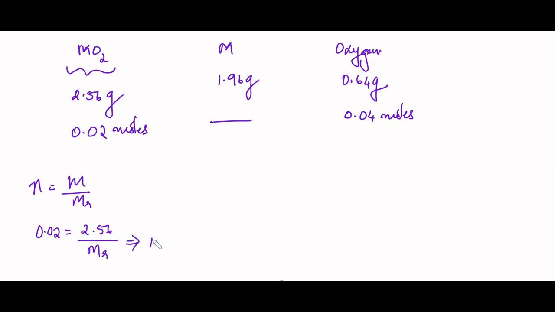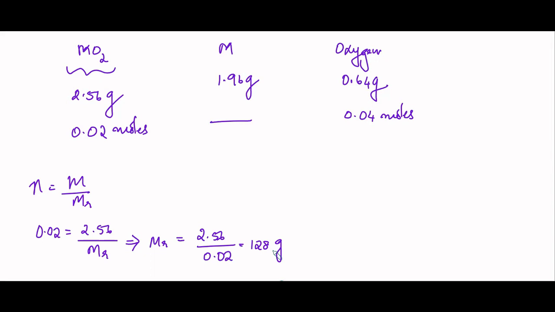Or in other words, the molar mass is equal to 2.56 by 0.02, giving me 128 grams. Keep in mind, there is an option 128. Option C is 128. If you choose that option, it's going to be wrong because this 128 is not the molar mass of the metal, it is the molar mass of the compound MO2. Meaning we have to proceed way ahead.